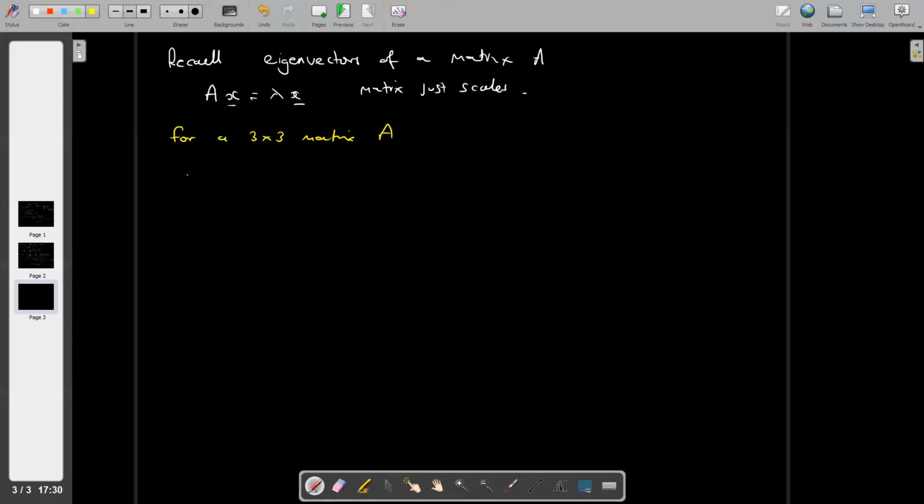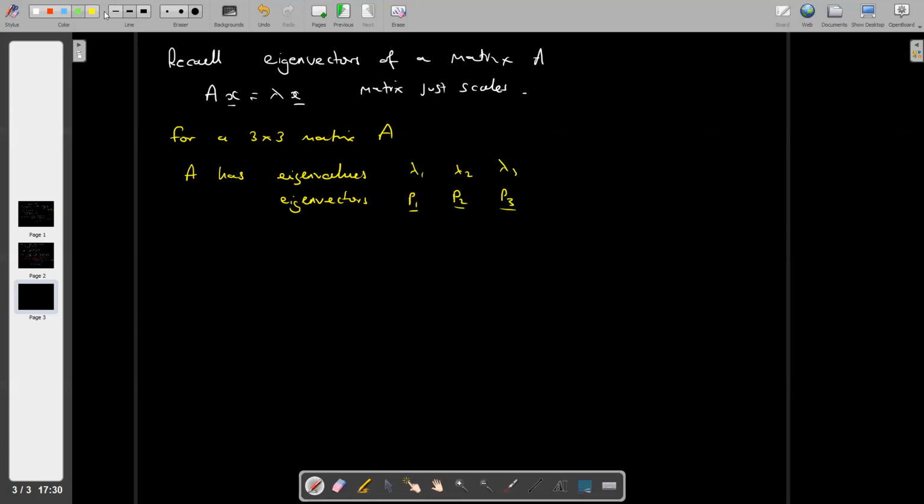So suppose A has eigenvalues λ1, λ2, λ3, okay? And the associated eigenvectors, remember there'd be infinitely many for each one, but let's just think of the eigenvectors. Let's call them P1, P2, P3.